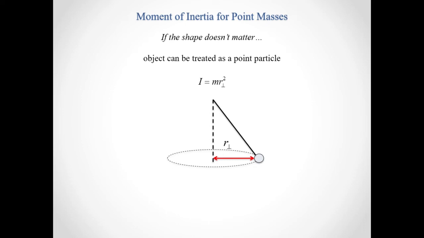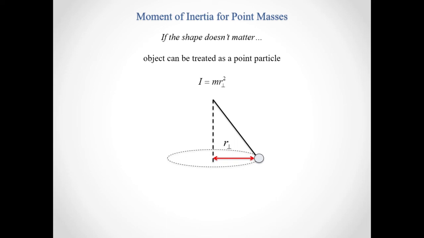But notice here that the length of the string is not the perpendicular distance r that we want. So r perp here is the radius of the circle that it's going around, but that's not the length of the string. So again, we always want r perpendicular to be the perpendicular distance to the axis of rotation. I need to make sure that the length I'm plugging in is the length I want.